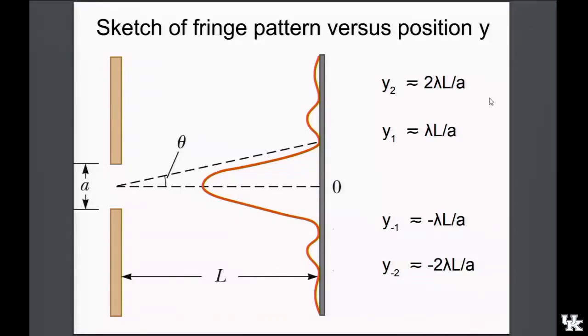That's when M is plus 2 or minus 2. And here are their locations on the screen. And of course, if I had a bigger screen, we'd see way up here the third order, way down here the third order, then beyond that the fourth, and so on and so forth.